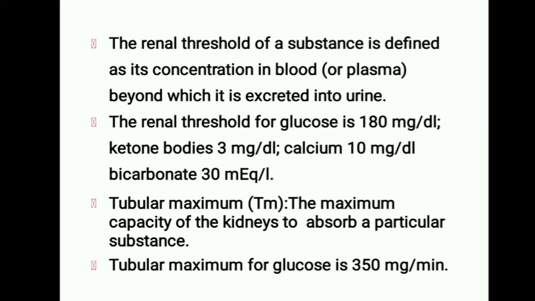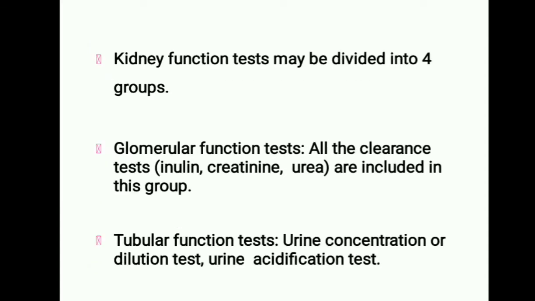Tubular maximum, that is Tm. The maximum capacity of the kidney to absorb a particular substance is called the tubular maximum, that is Tm. Tubular maximum for glucose is 350 mg per minute. Kidney function tests may be divided into 4 groups.